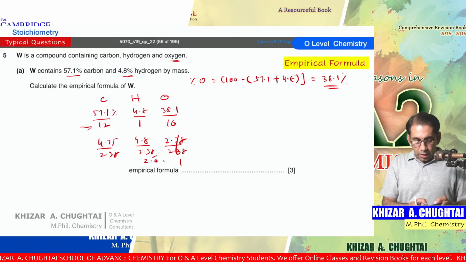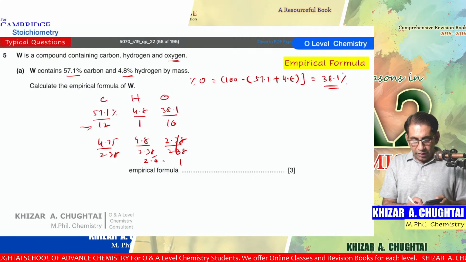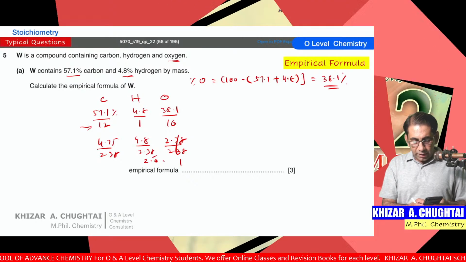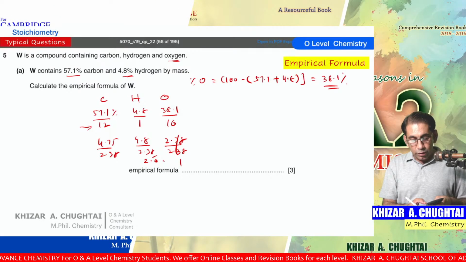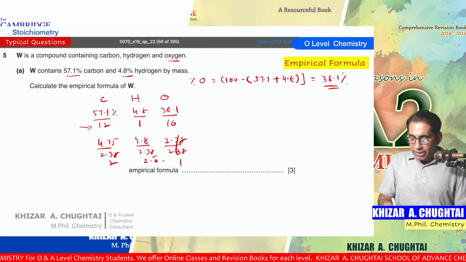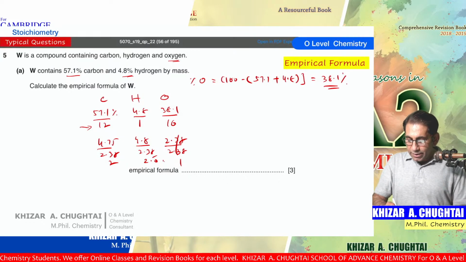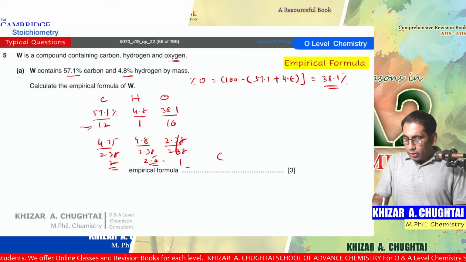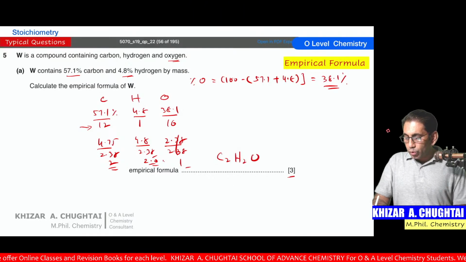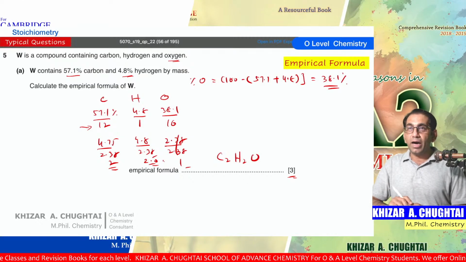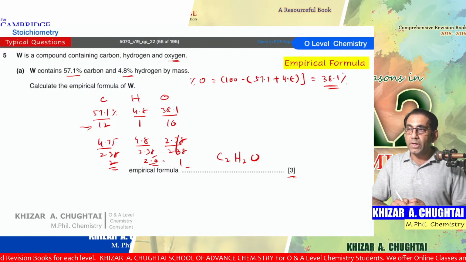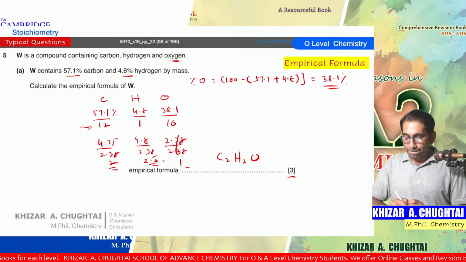And similarly 4.75 divided by 2.38, and it's equal to 1.99, again it's equal to 2. So empirical formula, as far as my calculations are concerned, it's C2H2O. C2H2O, and you know it's a 3-mark question. That is done, right?